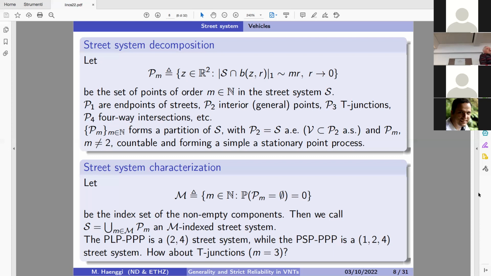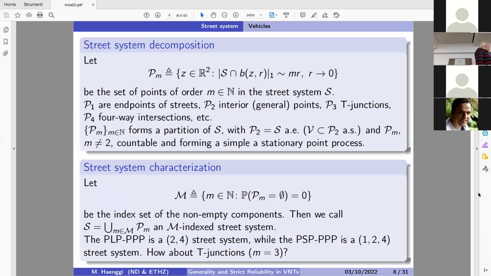P2 are the interior points along a line or a line segment, so these are the general points. P3 would be T-junctions. From the T-junctions, we can go in 3 directions, and then we have 4-way intersections and so on. So naturally, this set P from 1 to some arbitrary number forms a partition of the street system. And P2 corresponds to the street system almost everywhere because all the other points are discrete.